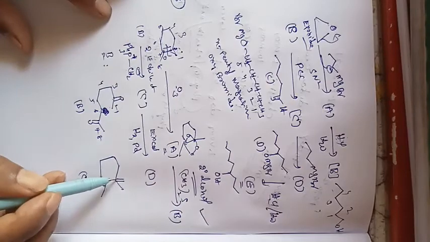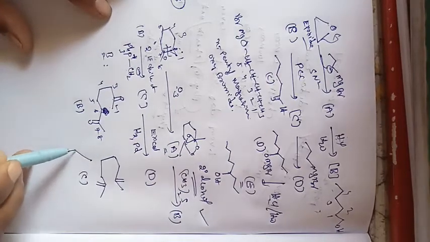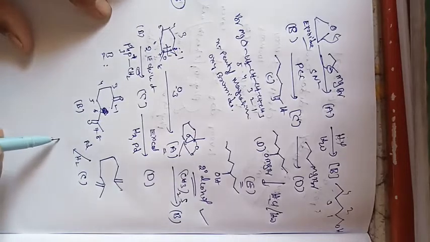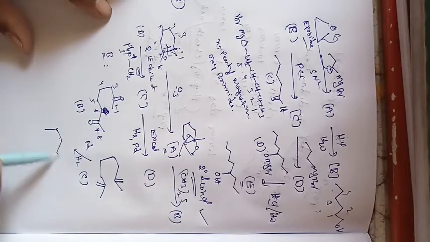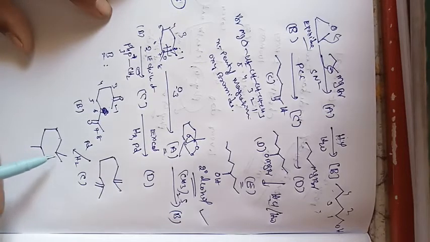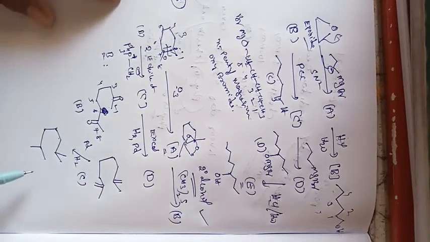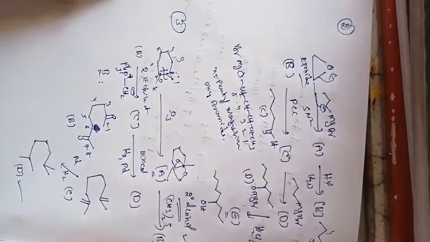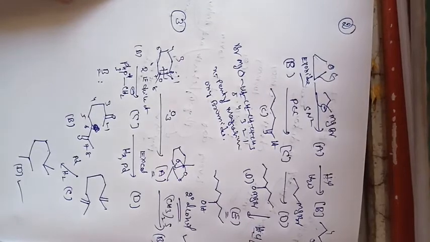Because alkenes undergo hydrogenation using palladium and hydrogen gas, it can convert into alkane. So now double bonds become single bonds. So this is the D product. So this is also a very good conversion for examination.